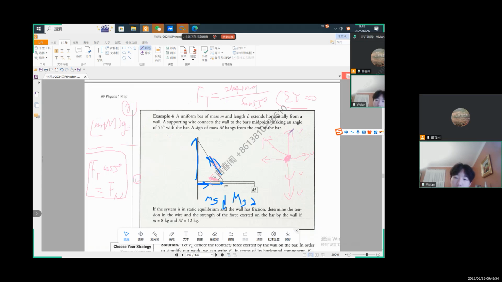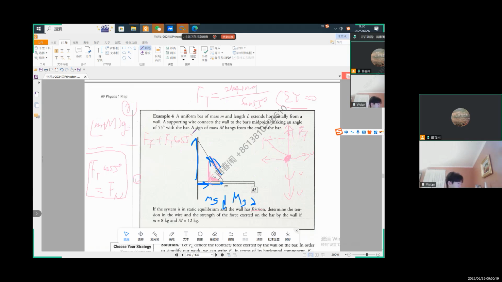And also there's something else here too: friction, because they mentioned friction. So that'll be F friction plus F tension times, what's this? Vertically, I guess it's sine 55 degree, right? Does that make sense?